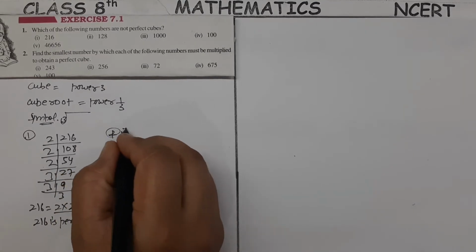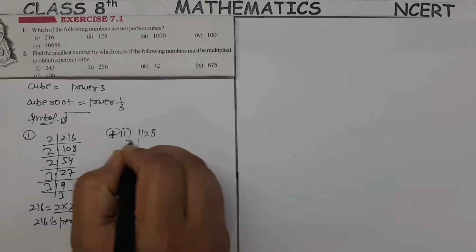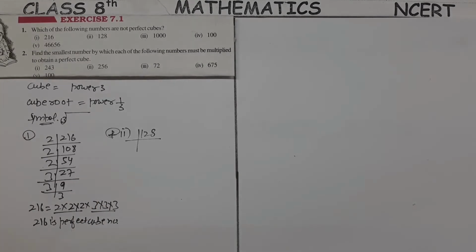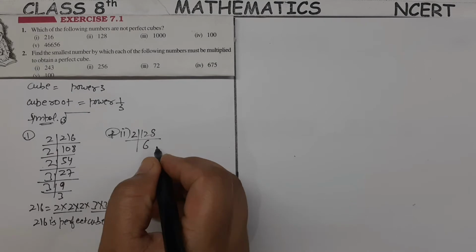Sum number 1, part second: 128. Prime factors of 128.